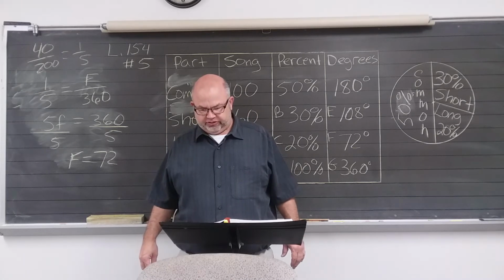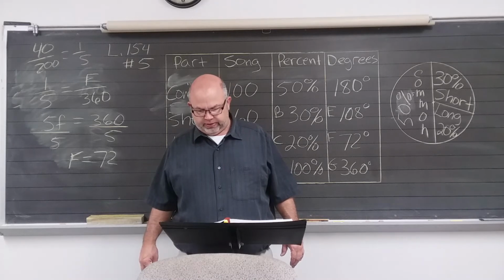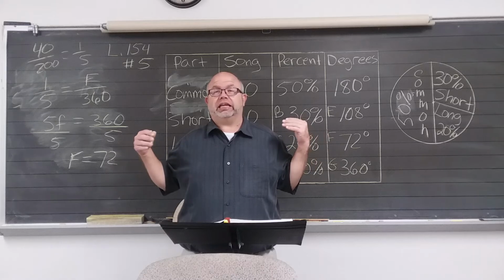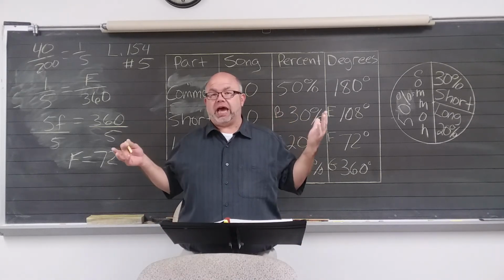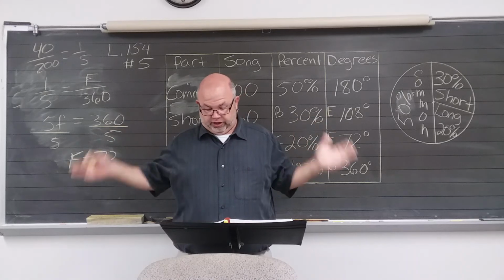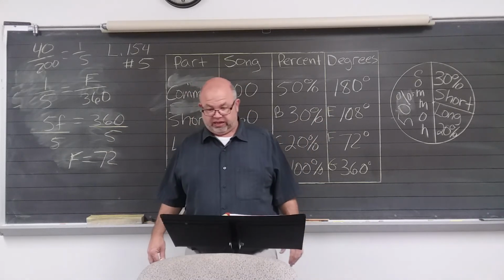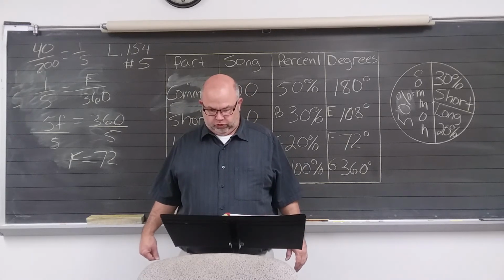Number 7 is Stockholm. Stockholm is at H5. Number 9, pay attention to the directions. I need the sum. What does sum mean? Sum means I'm adding. What are the rules of adding signed numbers? Go back to lesson 138 if you are not sure, and do it.